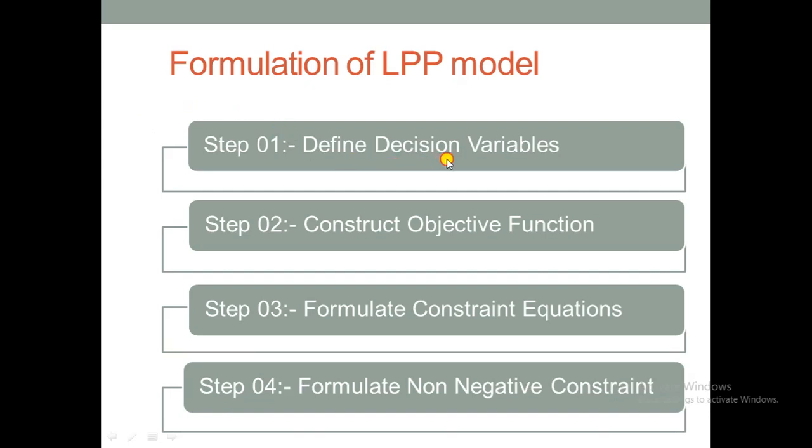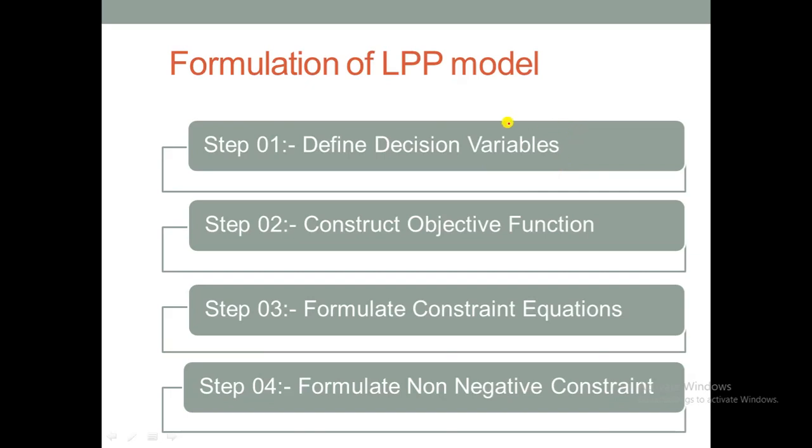These decision variables are going to define the solution. The decision variables can be more than two also. Generally there are two decision variables, and it may be more than that also. The decision variables are going to give the solution for the linear programming problem.